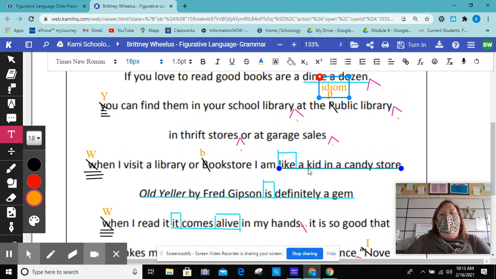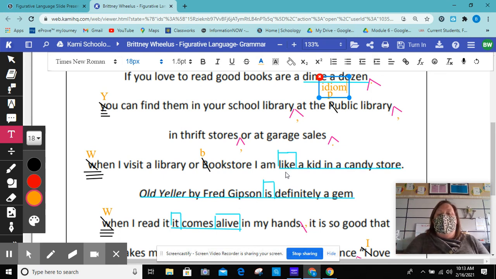All right, I am like a kid in a candy store. I'm comparing myself to a kid in a candy store using what word? Like. Okay, so I'm making two relatively different things comparable using the word like.